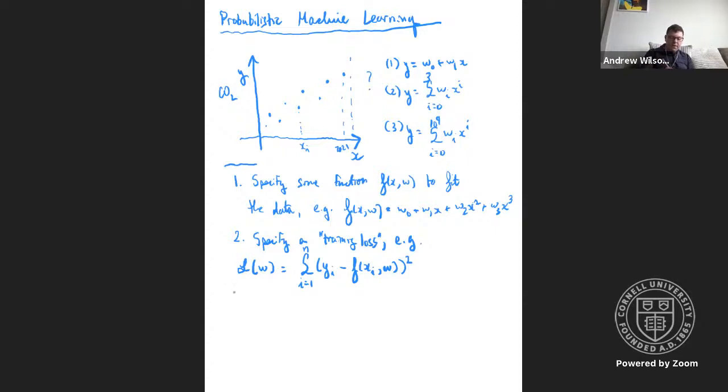And then once we have that, we want to minimize, find the w hat, which is the argmin over w of L of w, and then make predictions. So we've got our function now, and we've got our parameters w hat.